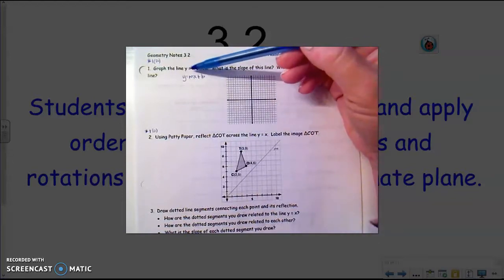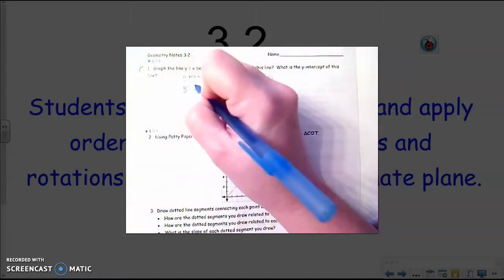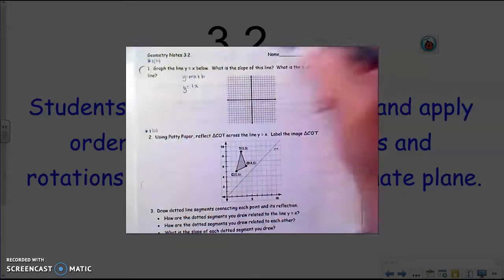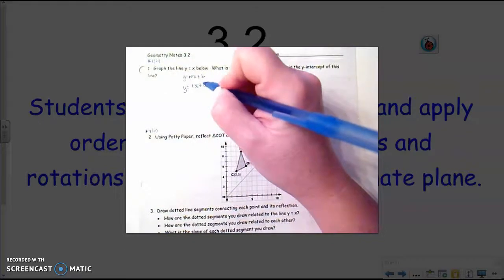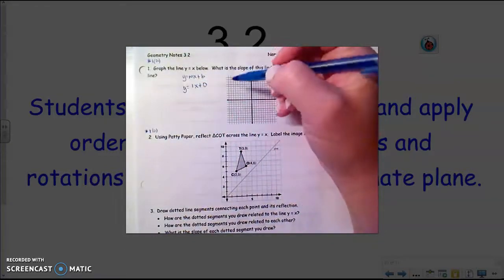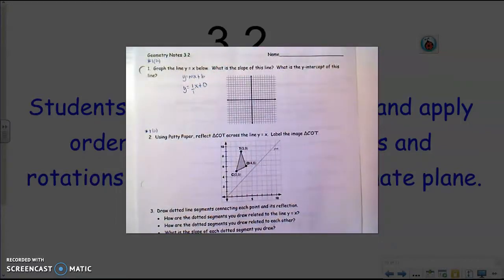So this equation is in slope-intercept form. The number in front of x, since there's not one, is an understood 1. The constant, since there's not one, is an understood 0. And so that slope of 1, we think of slope as rise over run, so we can make 1 a fraction by simply putting it over 1.